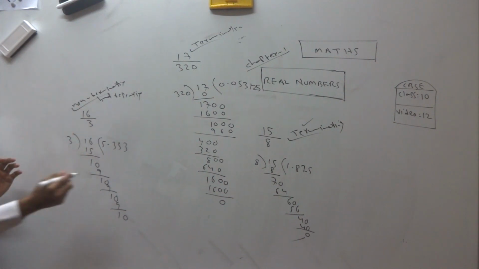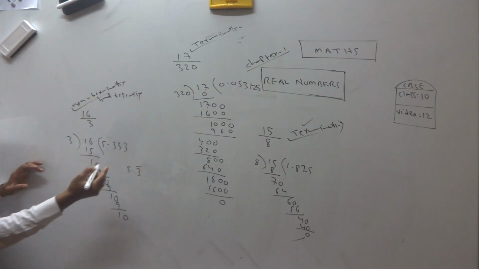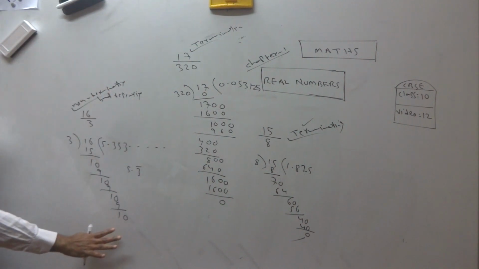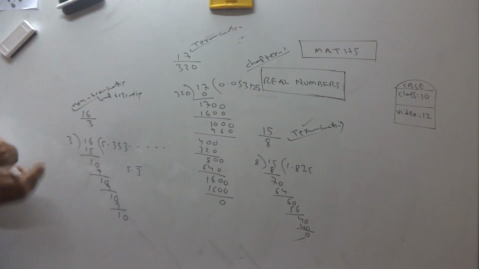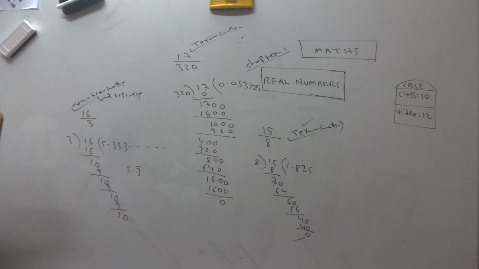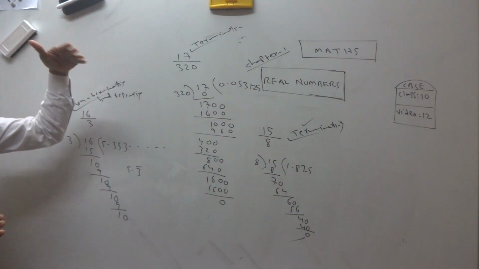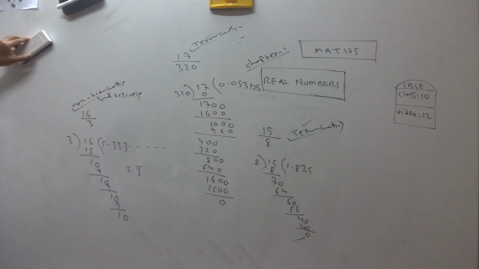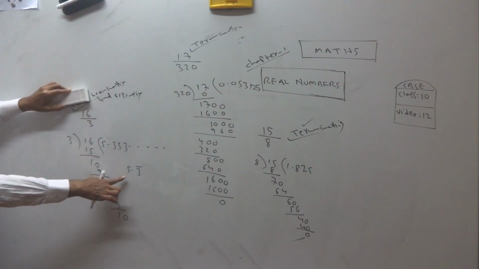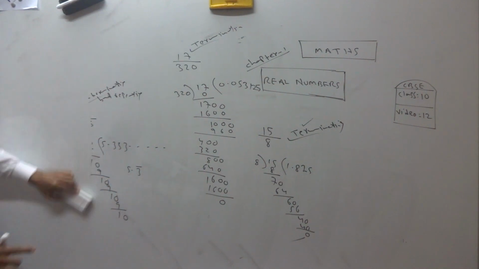Never ending. So the answer is 5.3 bar, 3 3 3 3 3. Never stops, but it repeats. Non-terminating but repeating. Is it clear now?